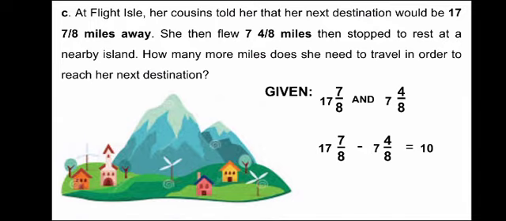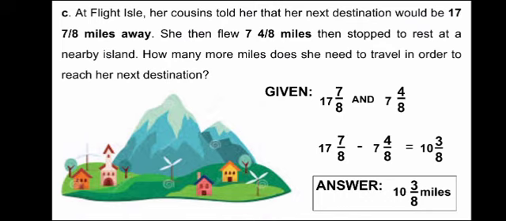Now we're just gonna copy the denominator. What we have left here is the numerators, which is 7 minus 4 is equal to, yes, we have 3. And then our final answer would be 10 and 3/8 miles. So Hannah needs to travel 10 and 3/8 miles to reach her next destination.